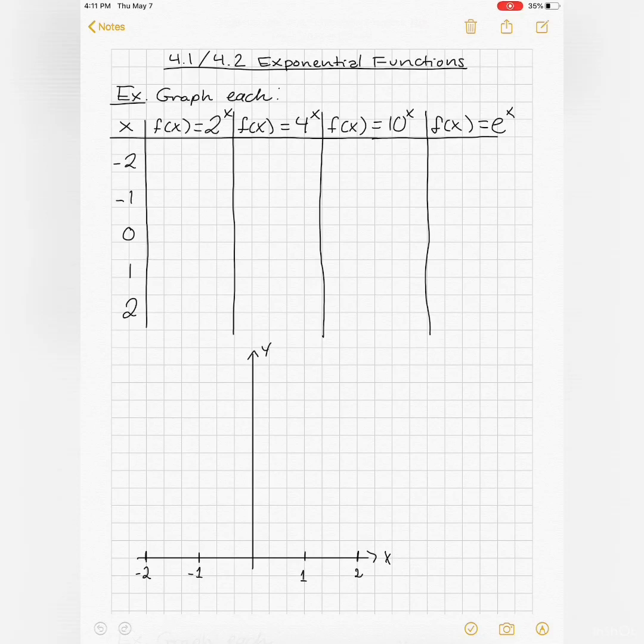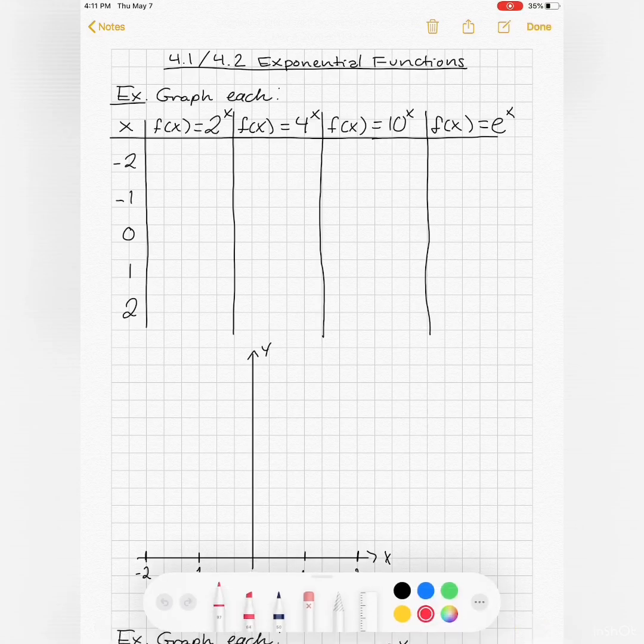Take a look at the next family, the family of exponential functions. So we've looked at functions with exponents before, like x squared, like 2x to the fifth plus 4x to the third, etc., right?